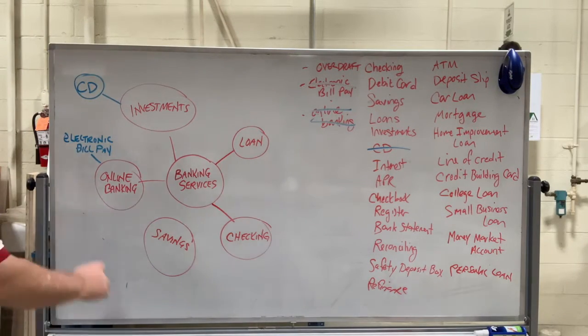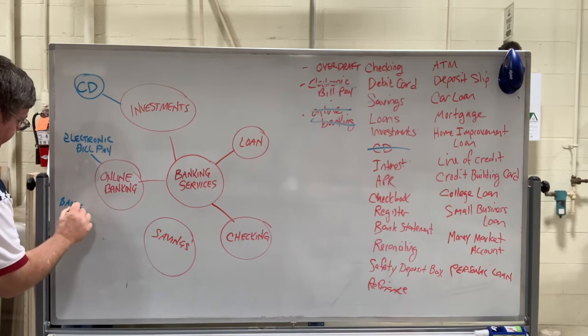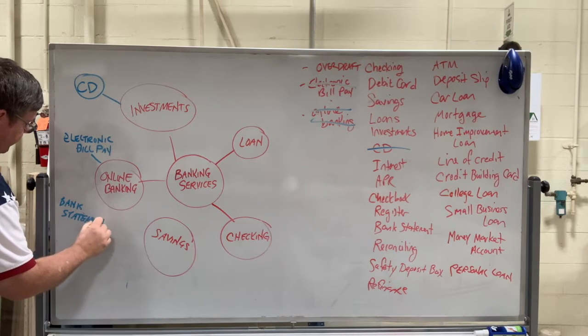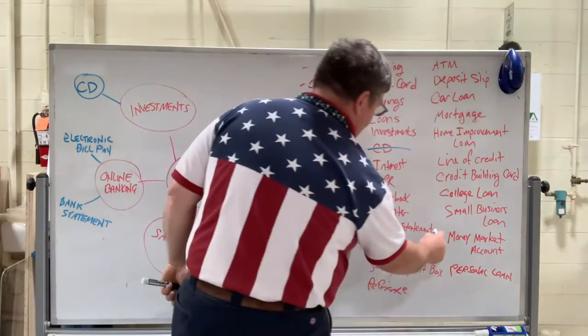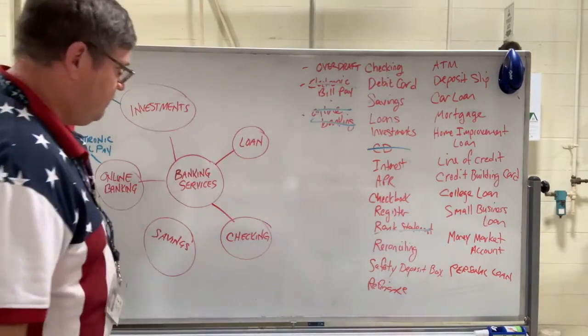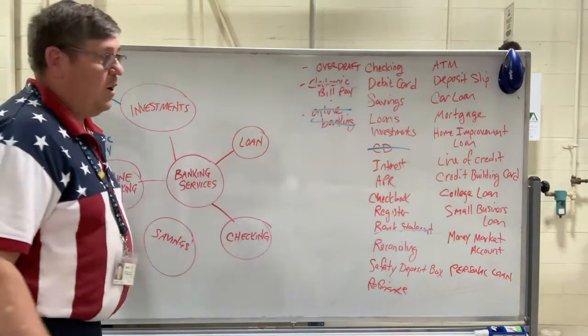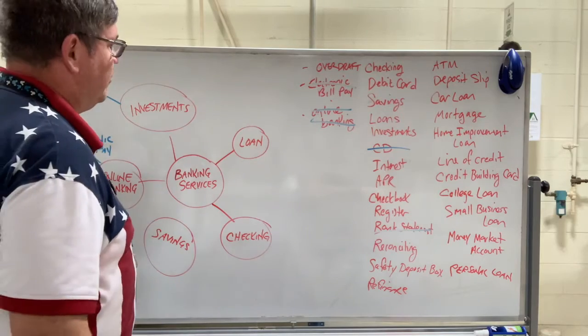Your bank statement is available online. Boom. Get rid of that one. You can certainly apply for loans and all that stuff online. We'll come back to that. Let's try loans. We've got tons of loans.